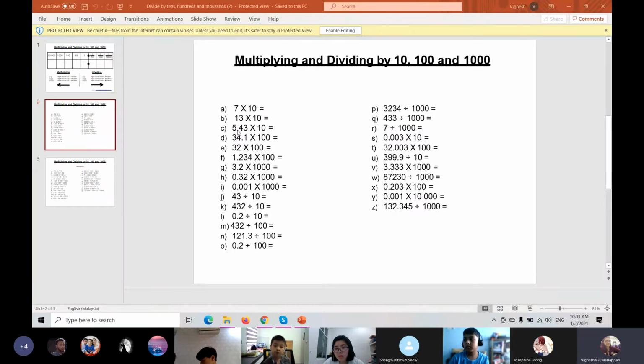So you only have to move one decimal place to your right. So the decimal here, you have to move to here. So the answer should be 54.3. Okay, let's say when it comes for the divide by 10. 1 0, correct? So you have to move one decimal place to your left. So the answer should be 0.02. Okay, who can tell to teacher number D? 34.1 multiply 100.